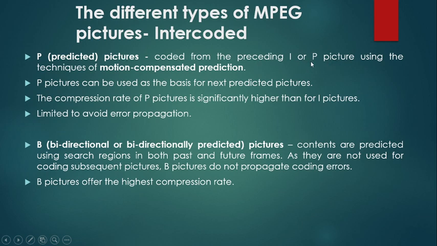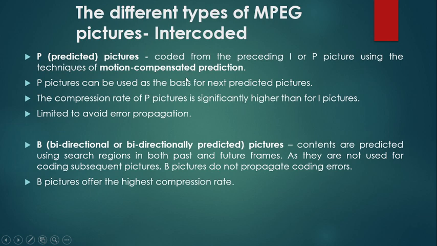So if we have predicted a wrong P picture, the error is going to get propagated. So the number of P frames is going to be limited to avoid the error propagation. And when compared with the I picture, the compression rate of the P picture is going to be higher.